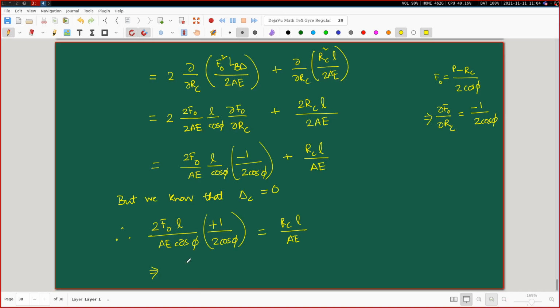So what we have here is P minus RC by twice cos cube phi is equal to RC, and if you simplify from here, you end up with RC is equal to P divided by 1 plus 2 cos cube phi.